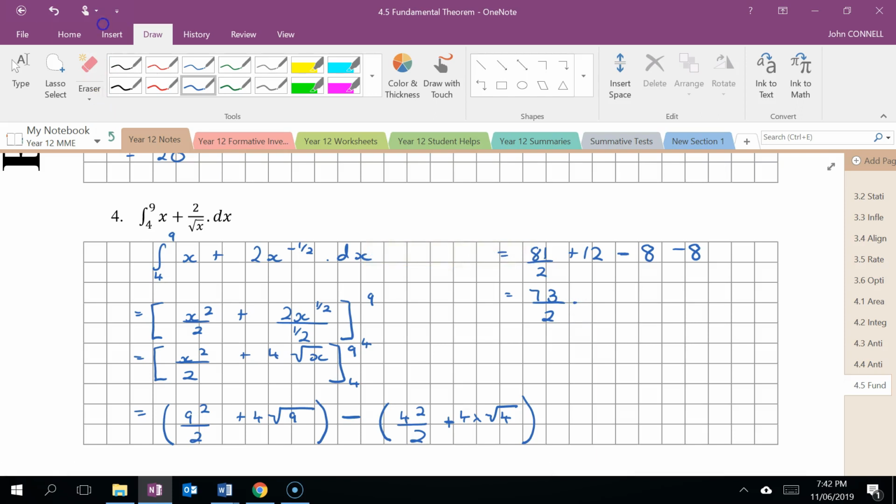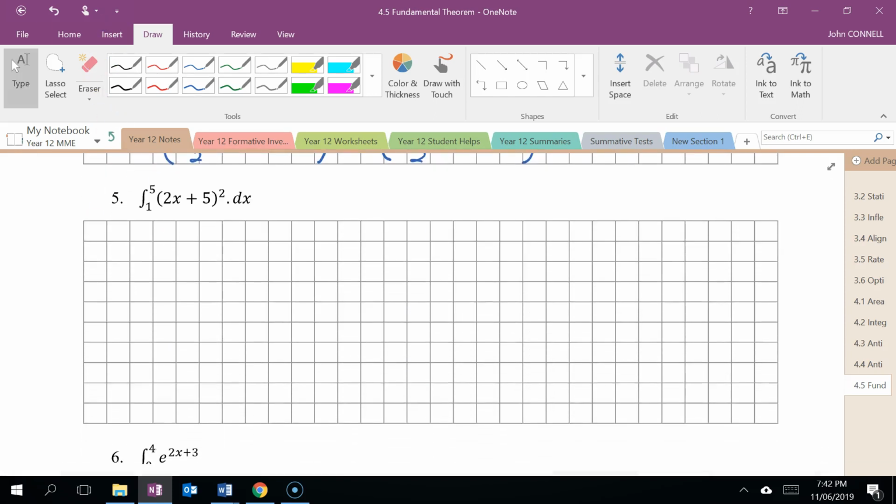Okay, next one. So here I'm going to have to use my anti-chain rule to integrate. That's okay, I know how to do that. So the integral from 1 to 5 of (2x plus 5) squared, first thing I do is integrate. I'm going to have to go over 2 lines, so it's going to be 1 over 2, because we divide by the derivative of the inside, then (2x plus 5), add 1 to the power to give us a 3, and then divide by 3, and we're going from 1 to 5.